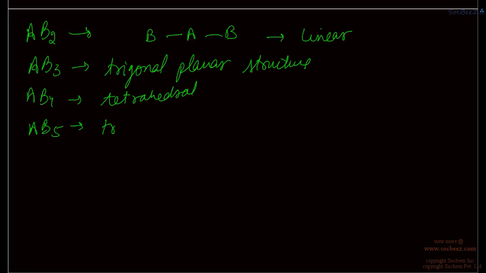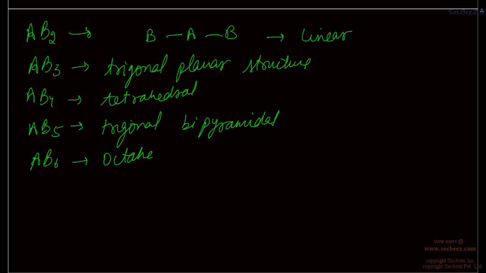AB5 assumes a trigonal bipyramidal structure. And AB6 assumes an octahedral structure.